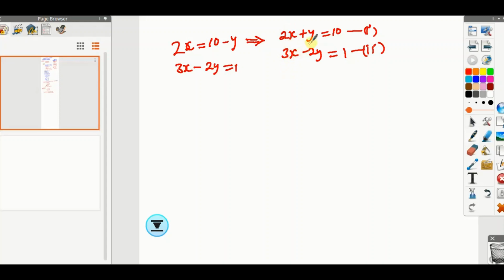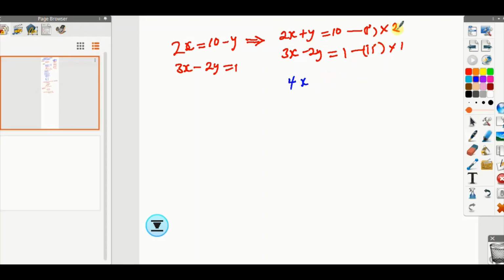But in an easier way, let's just eliminate y first. By what? By multiplying equation 1 by 2 and multiplying equation 2 by 1. So then we have y to be equal to 2. Right? So from here now, we have 2 times 2x, we have 4x.